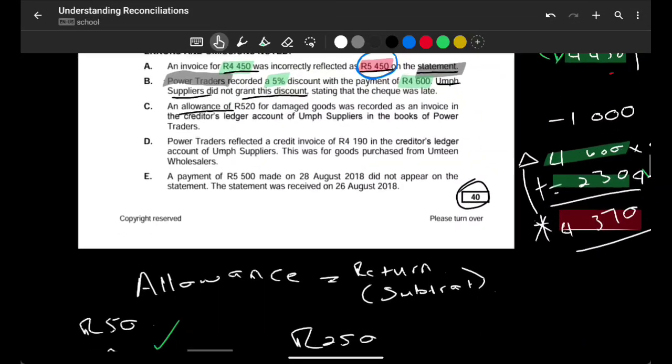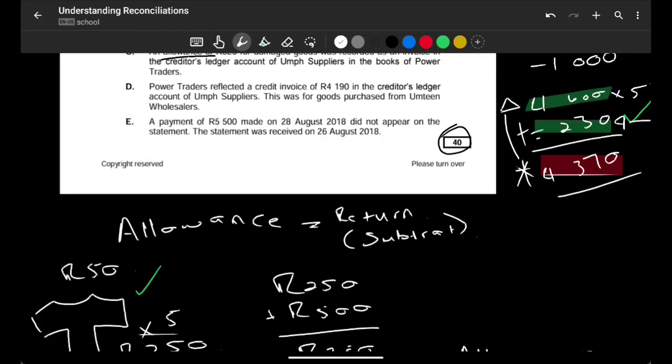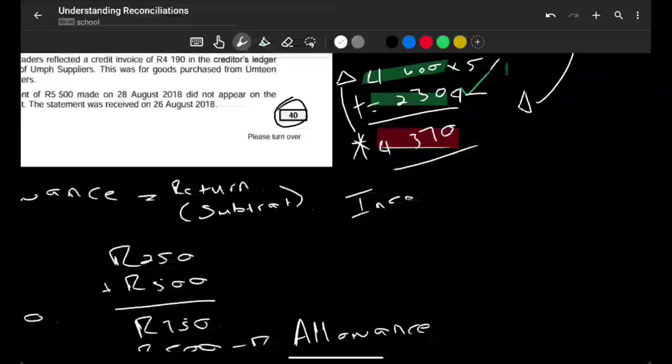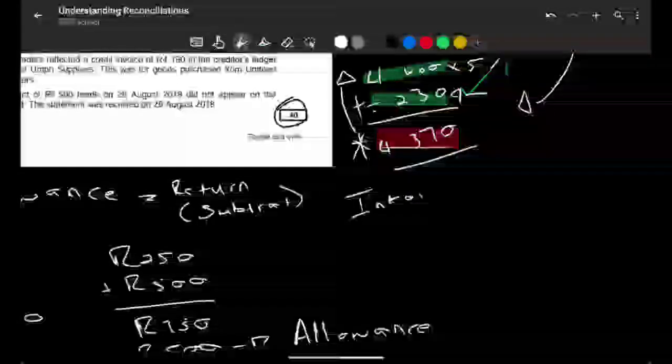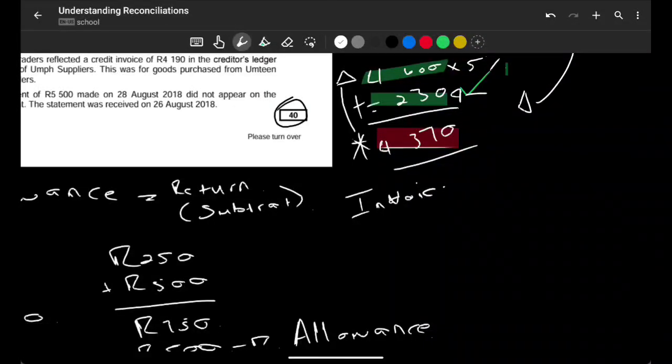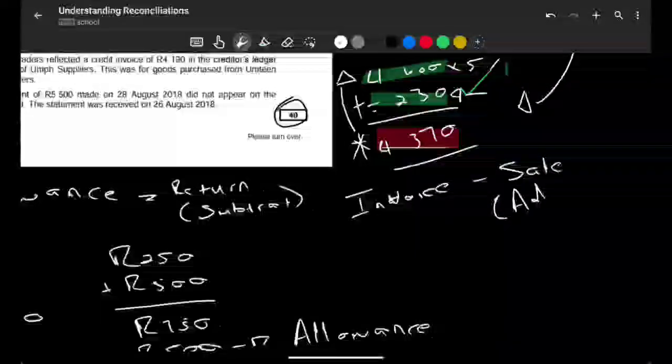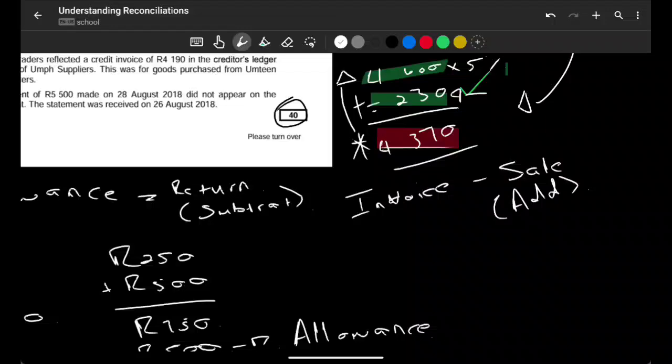Was recorded as an invoice. Okay, another one. Think invoice. When you think invoice, I want you to think of a sale. And you're not subtracting, you're adding there, right?